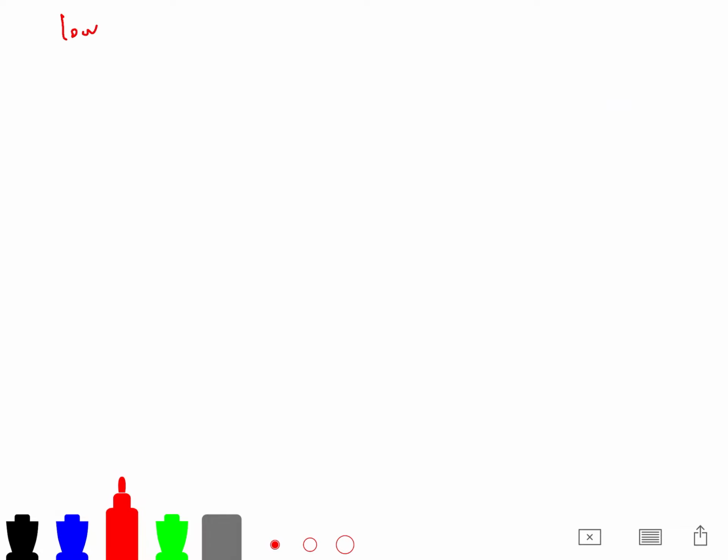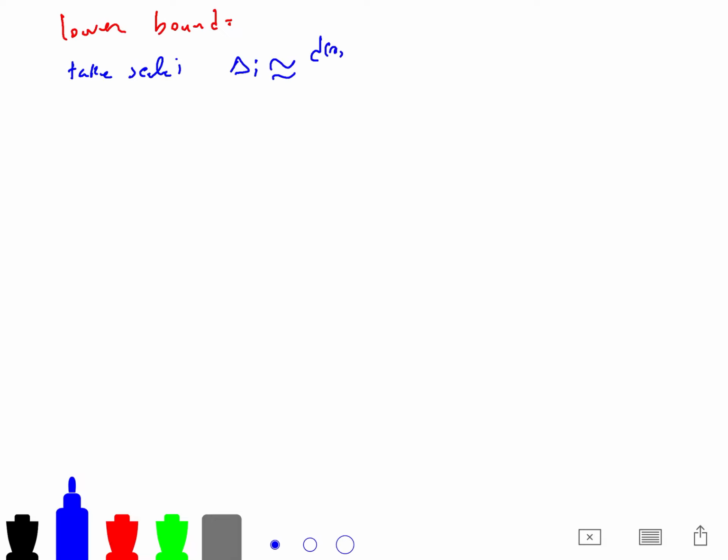So let's work on the lower bound, which is much more sophisticated. And we should create new theories. Lower bound, so we take scale i such that delta_i is d of x y divided by 4.